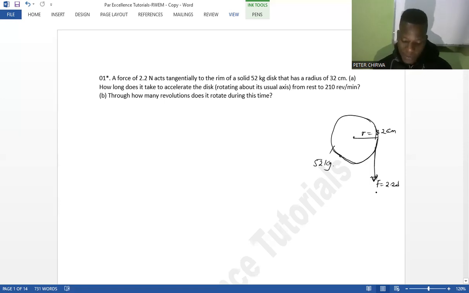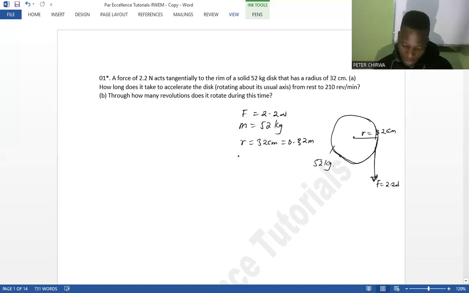And now what we're looking for is the time. How long does it take? So it's the time. Now, how do we get the time? Looking at the data that we have: force 2.2 Newton, and mass 52 kilogram. We also have the radius 32 centimeter, which is 0.32 meters.